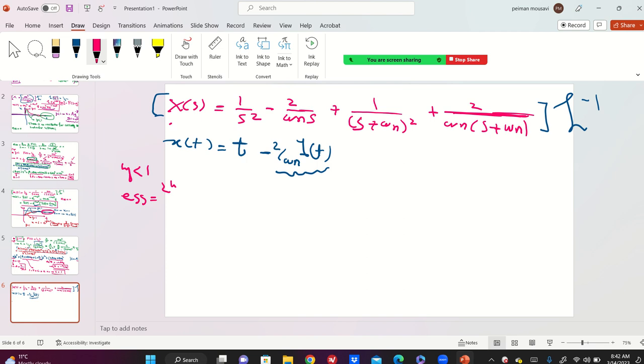You have it in your notes: 2 zeta over omega n. Now your zeta is 1. Do you see it here? Yes, you see it here. Plus t e to the minus omega n t, as we did in the impulse, plus 2 over omega n e to the minus omega n t.